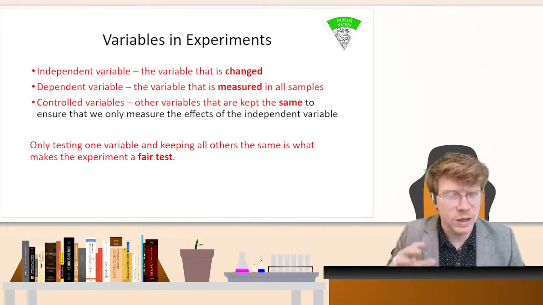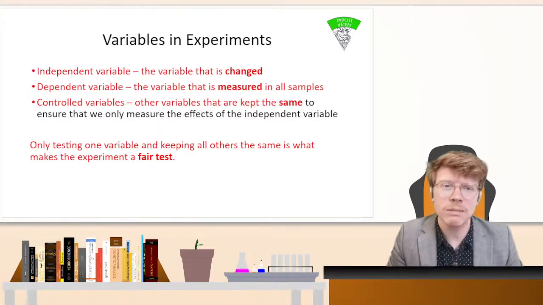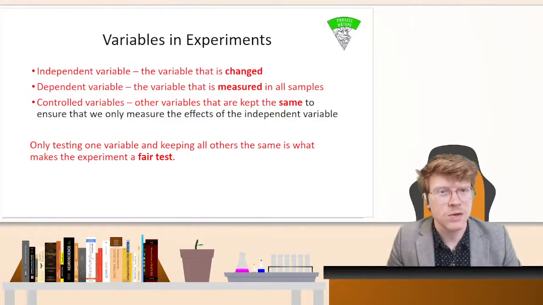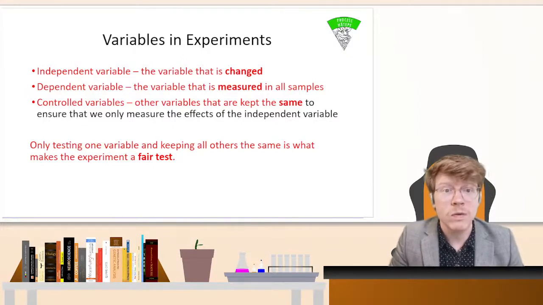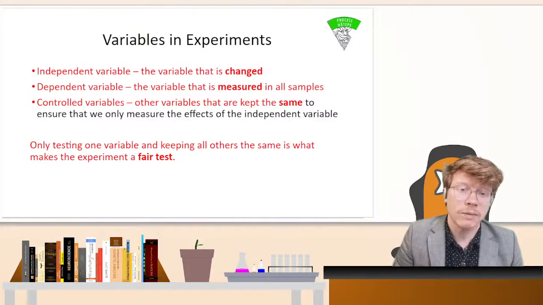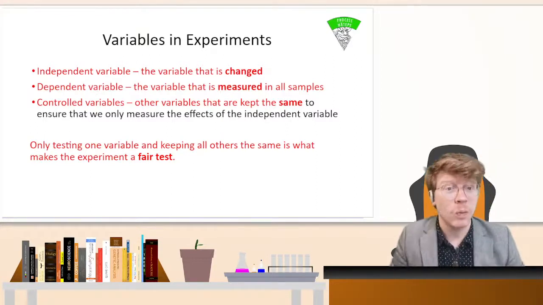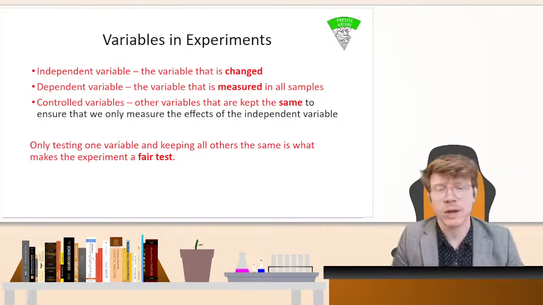Lastly, when you're talking about these variables, particularly your independent and your dependent, it's really important to describe them with units. If we're going to change the temperature of a flame, for example, we need to measure that in some way. We might use Fahrenheit, we might use Celsius, we might use Kelvin, but we need to say we are measuring temperature in Celsius, or we're changing temperature in Celsius.